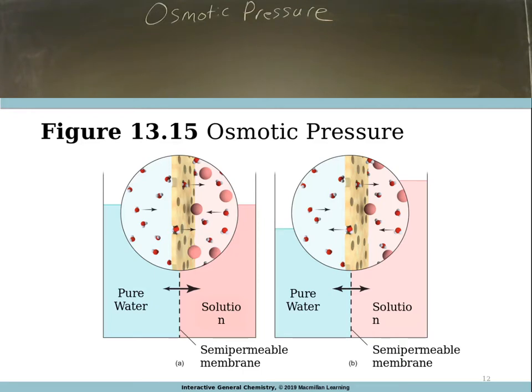Then as it goes on, water will flow from the pure side to the solution side, and you'll see the water levels eventually will no longer match one another. The solution side will have a column of water above the water level of the pure side.